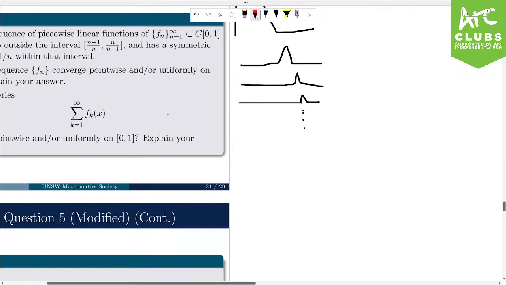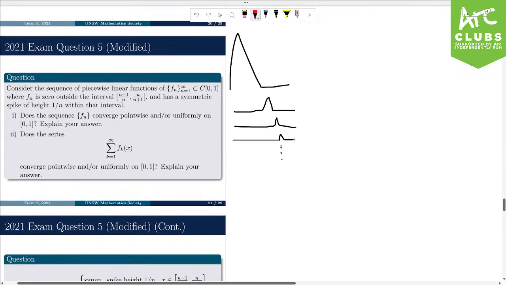And the endpoint, so at 1, for any finite n, 1 will never be inside one of these intervals, so it'll always be 0 at 1.